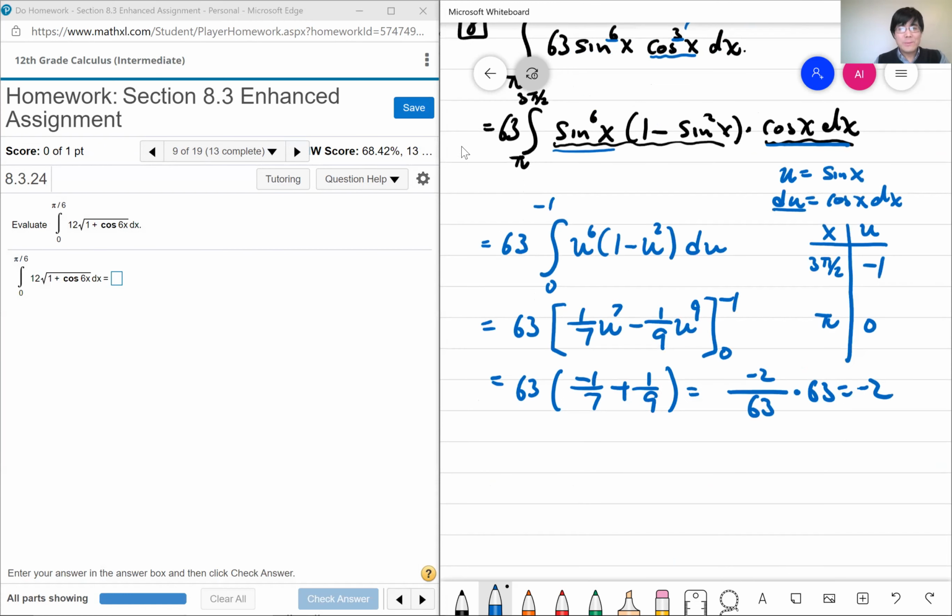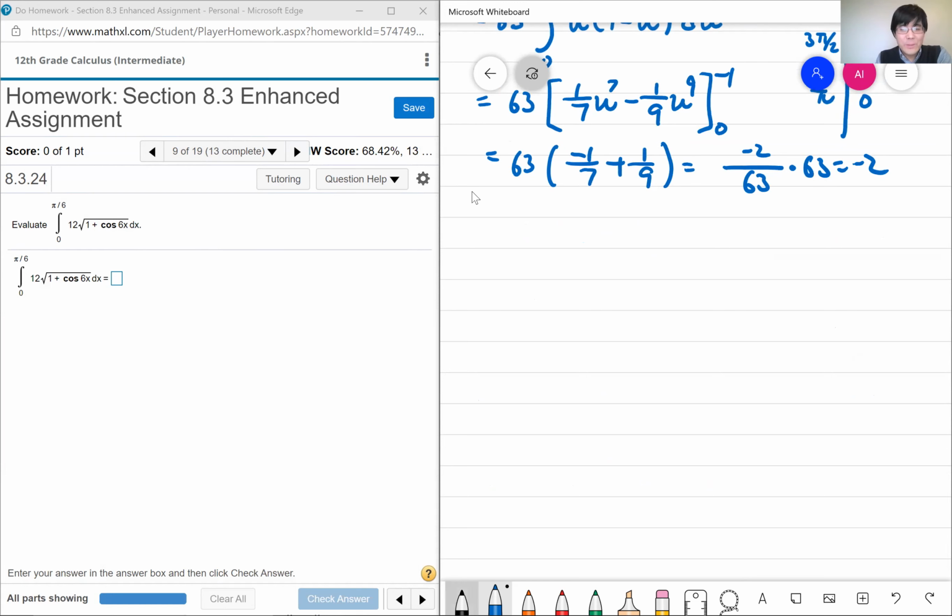Okay, now next type of problem, which is removing a square root by using a double angle, half angle identity. So now the problem is a type of the square root of 1 plus cosine or 1 minus cosine, that kind of question.